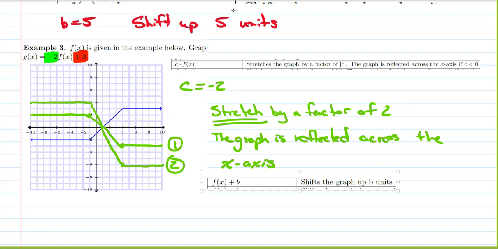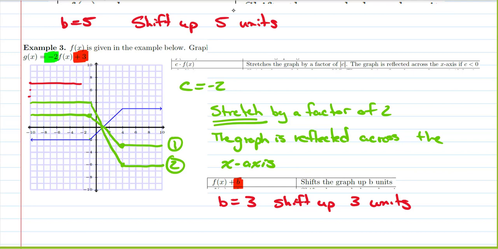So we identify our B as 3. So we're going to shift up 3 units. We're going to take all of our points and move them up 1, 2, 3. Take this point up 1, 2, 3. And this point goes up 1, 2, 3 to here.